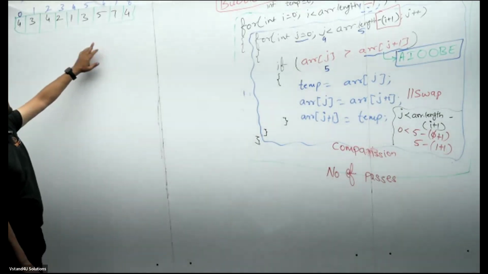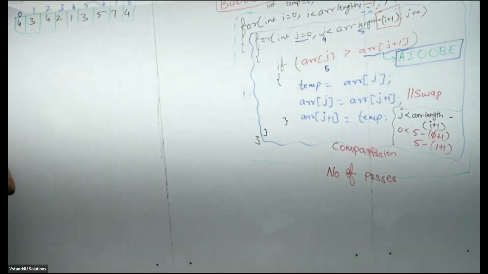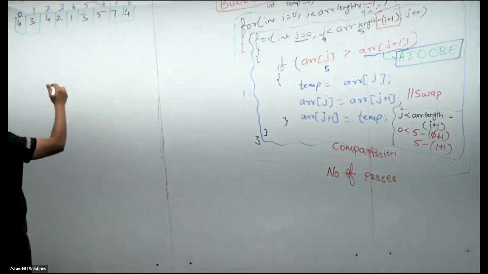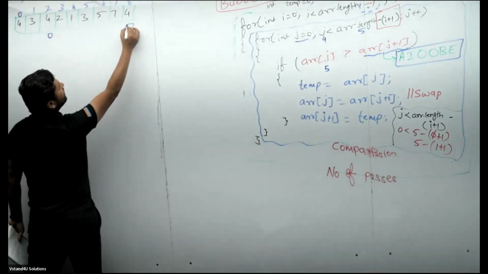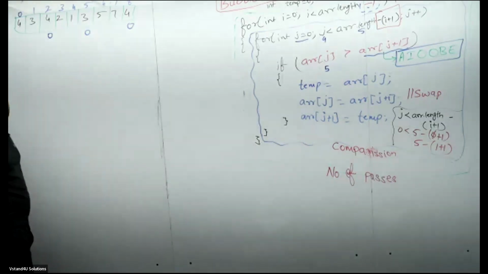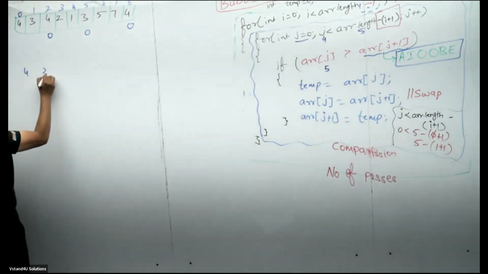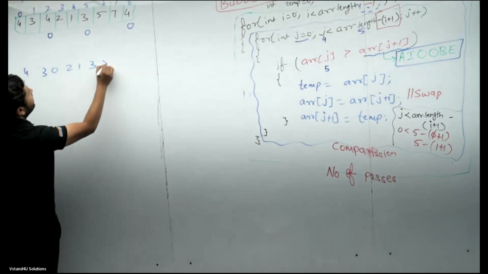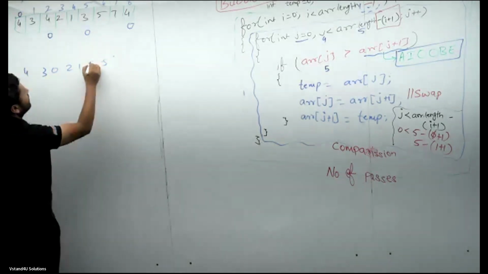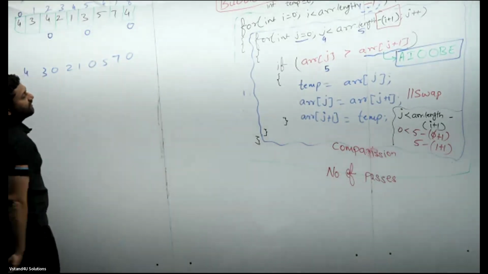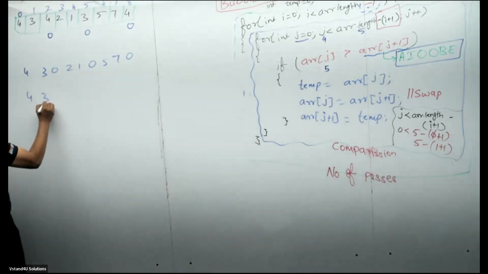So the point is, this element becomes 0, this element becomes 0, this element becomes 0. Numbers became 4, 3, 0, 2, 1, 3, 5. Sorry, 3 is also not 0. Then the non-zero elements are 4, 3, 2, 1, 5.